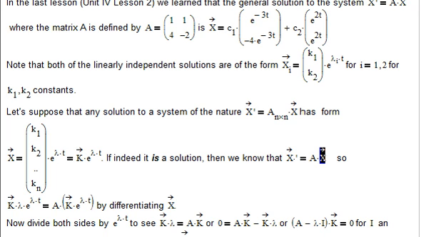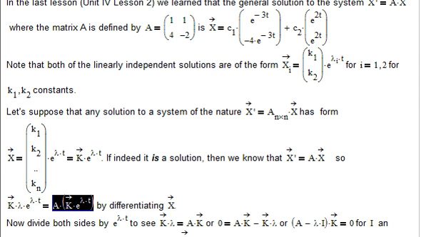And so, if we took the derivative of this, of course the derivative of e to the lambda t is lambda times e to the lambda t, so we get vector k times lambda e to the lambda t. And on the right side we would have A times k times e to the lambda t, by differentiating x on this side and by multiplying that matrix A times our solution vector on this side.